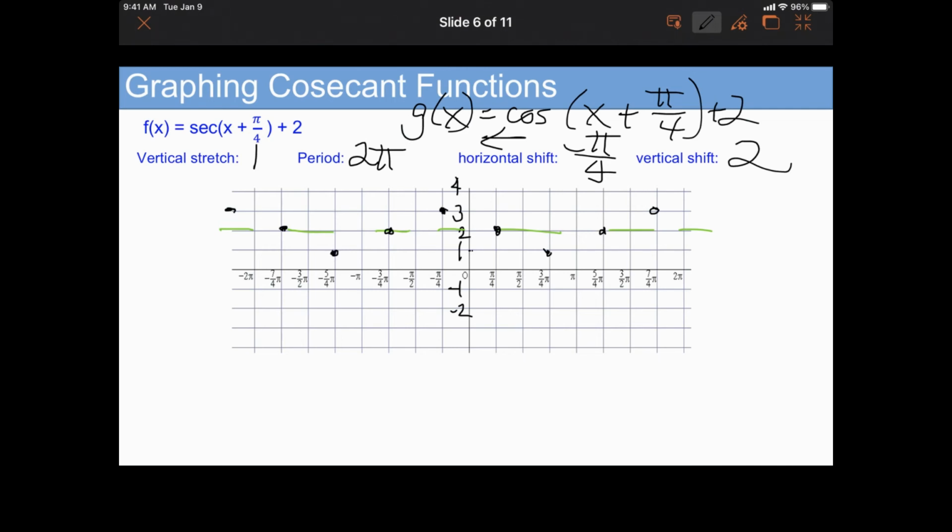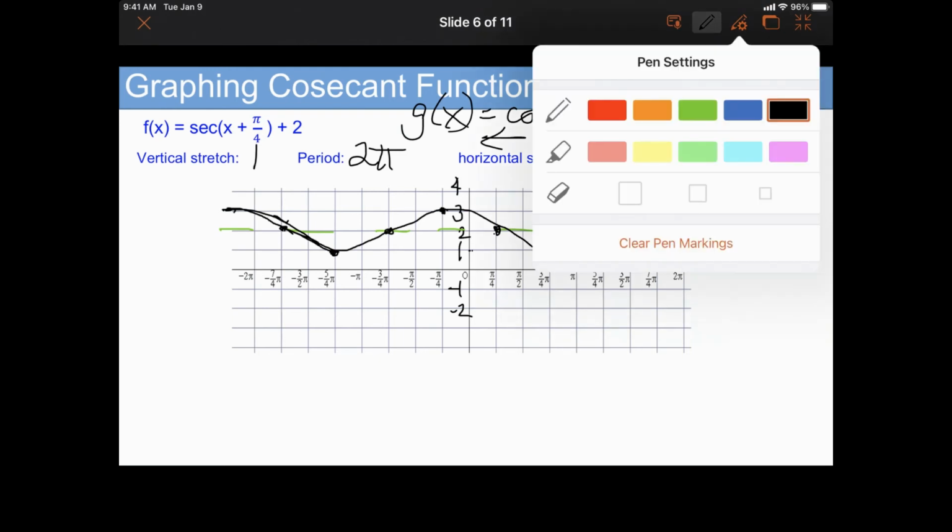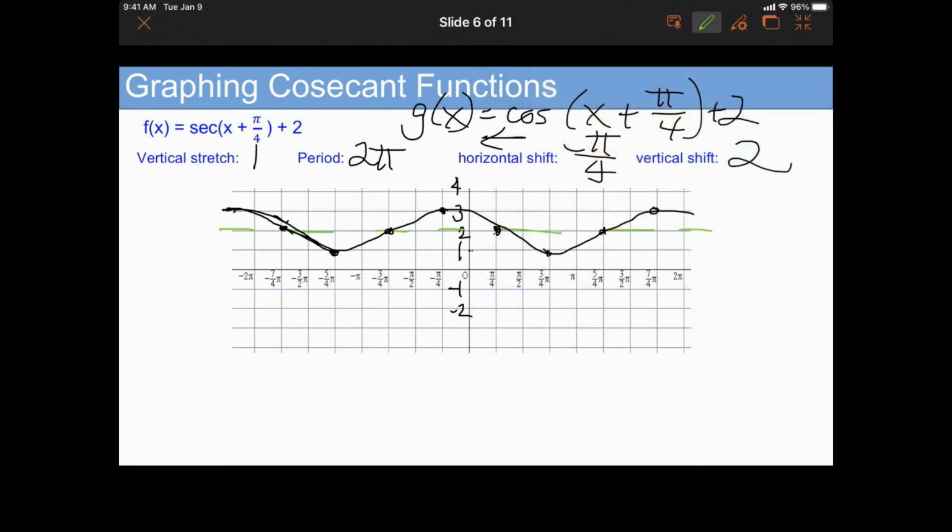Okay, there we go. So shift it over. Really make sure these middle points are on your midline. See, this one's not. So try to sketch that better. There we go. All right, so asymptotes. The asymptotes go where that midline is.